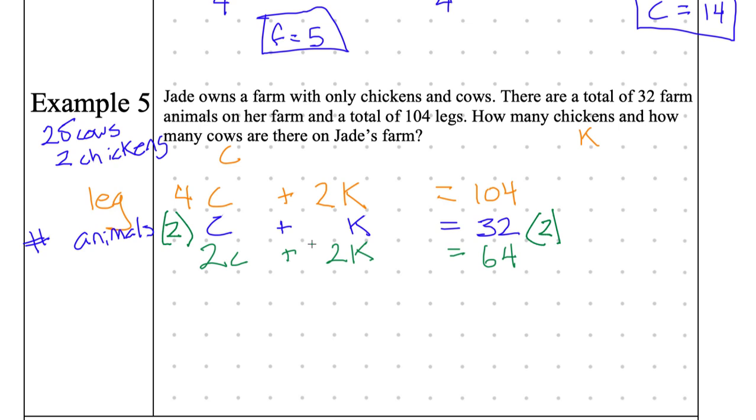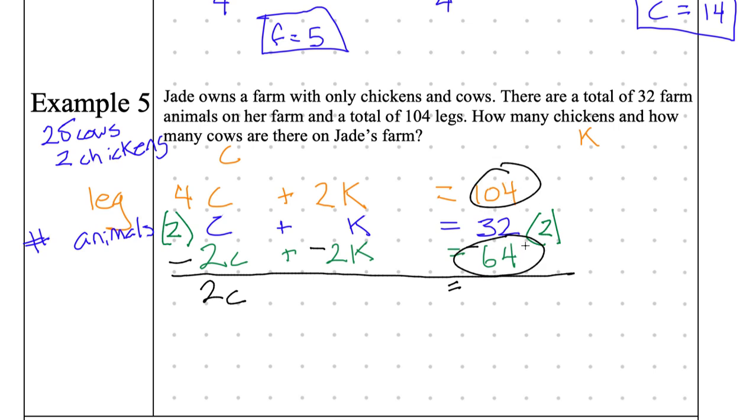Larissa? Subtracting, yes. So that means I'm going to be doing a minus sign, and a minus sign. Larissa, can you do that for us? So just looking at the yellow and the green now. 2c equals 20. Oh, so you're looking at 104 minus 64.